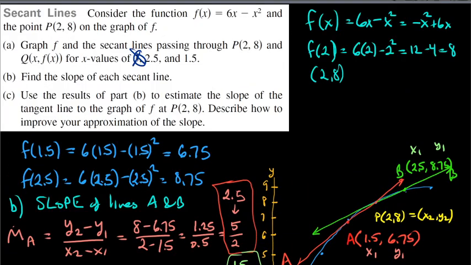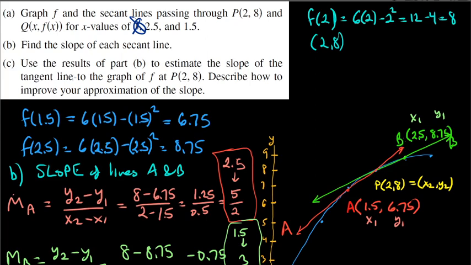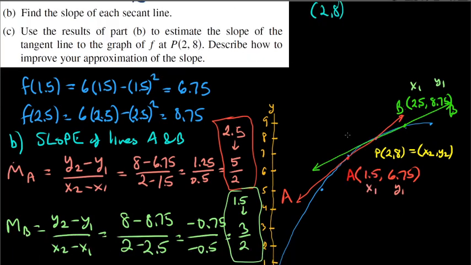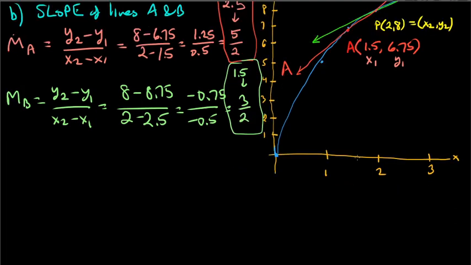All right, part C. Use the results of part B, what we just did, to estimate the slope of the tangent line to the graph of f at the point (2, 8), and describe how to improve your approximation of that slope. Okay, so first of all, what is a tangent line, right?